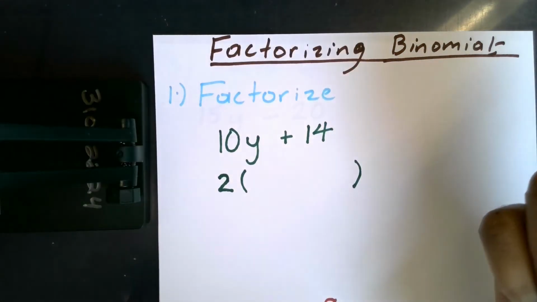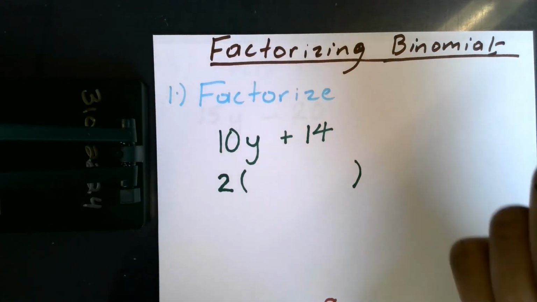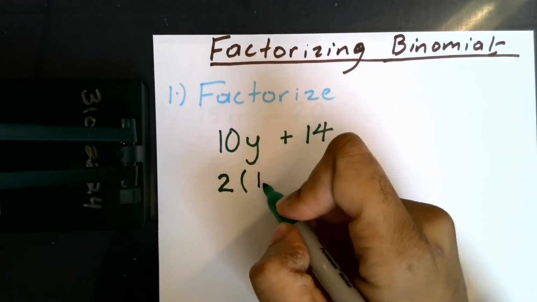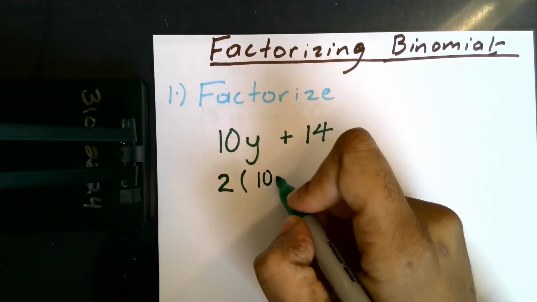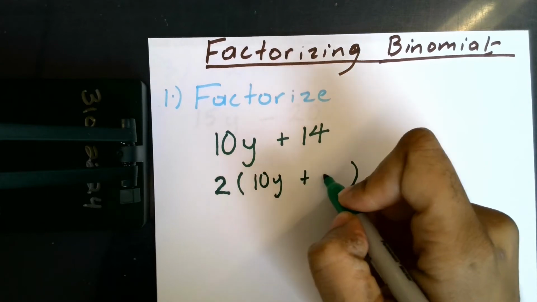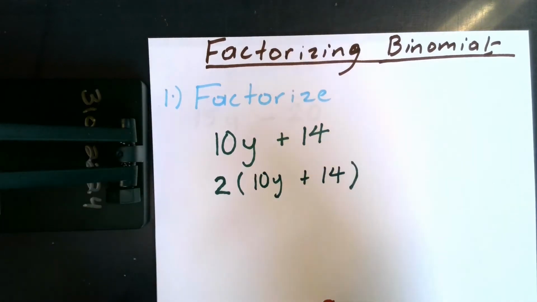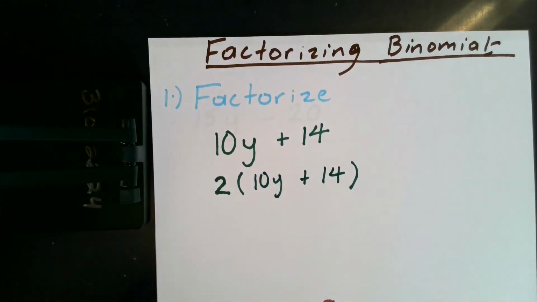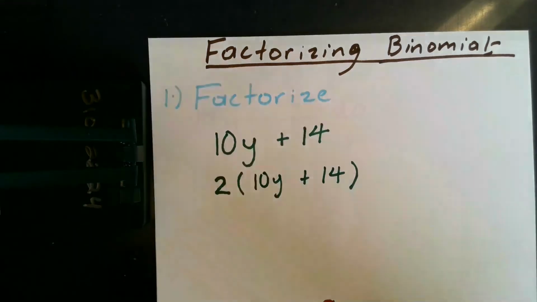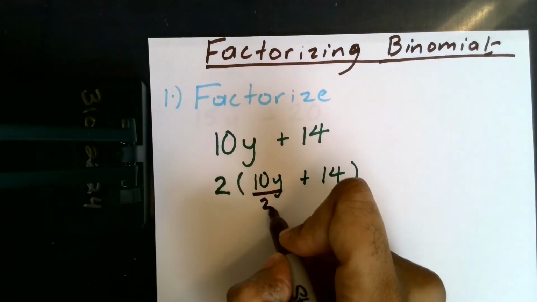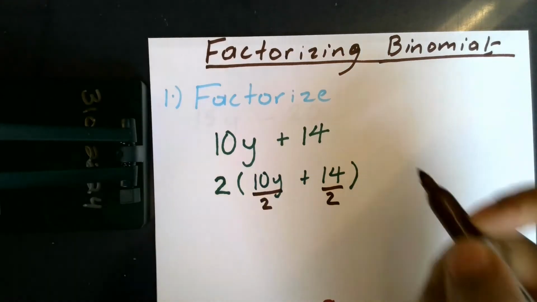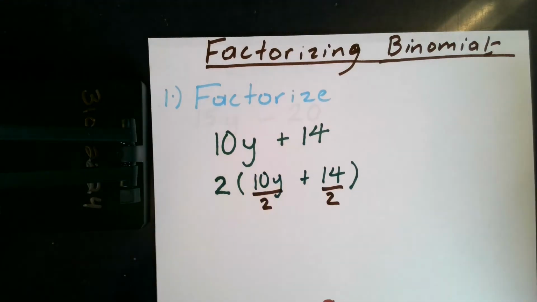And based on what we did in the previous video, we would write our original expression on the inside, and we divide each term by our GCF, which is 2 in this case.